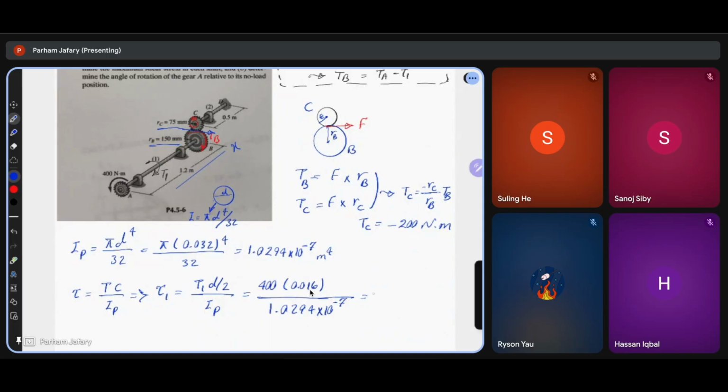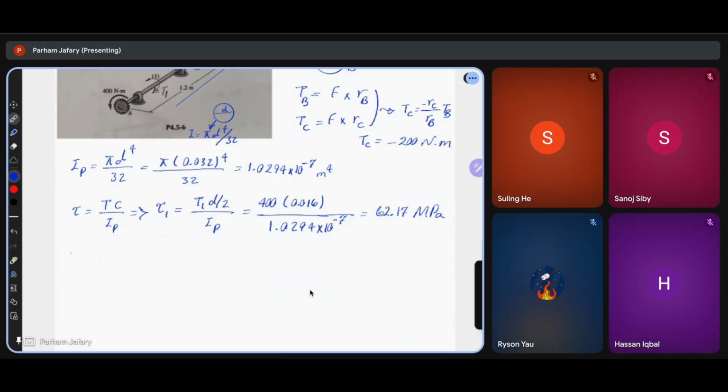Okay? So the stress becomes 62.17 megapascals. Converting 10 to the power of 6 to megapascals, we end up with this value as the torsional stress in the shaft. Okay?